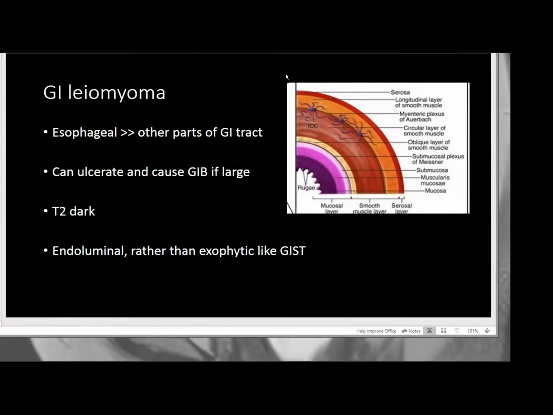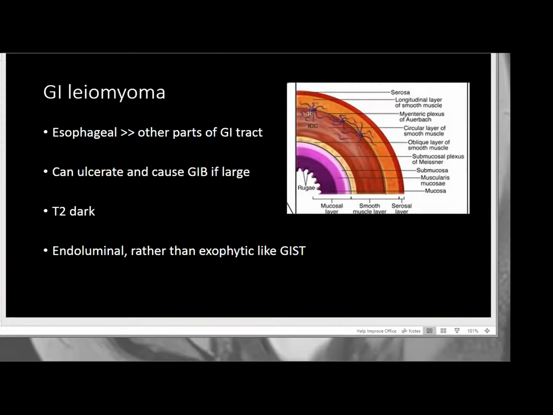So these are the layers of the wall of the bowel. And you see there's several smooth muscle layers. You've got your oblique muscle, your circular muscle, and your longitudinal muscle. So you have several layers of smooth muscle. And generally leiomyomas can arise from this circular layer of muscle. And that's why they kind of grow endoluminally.